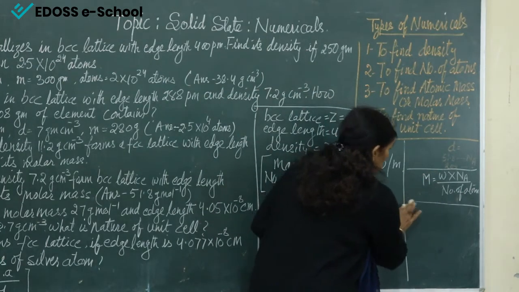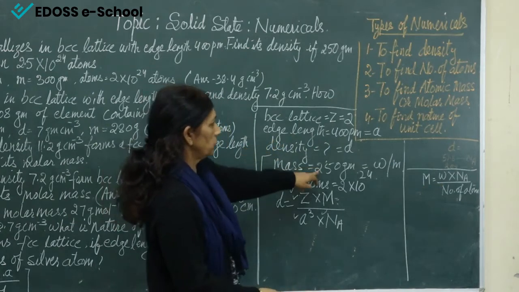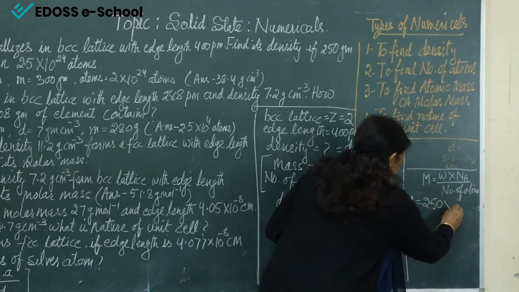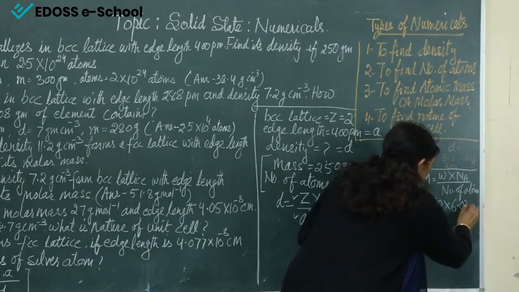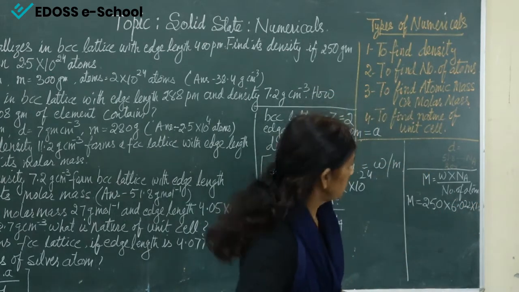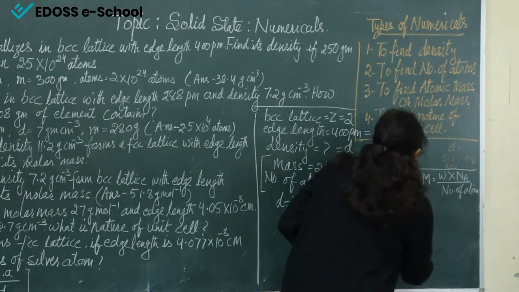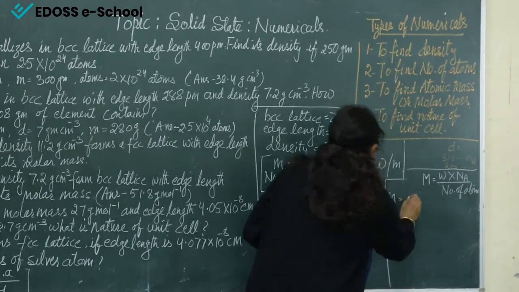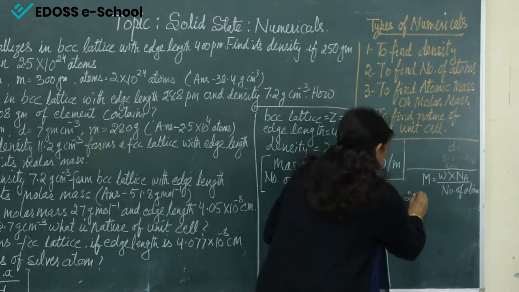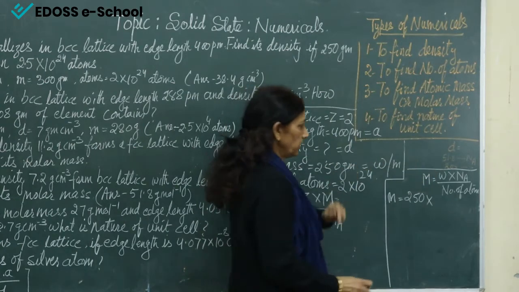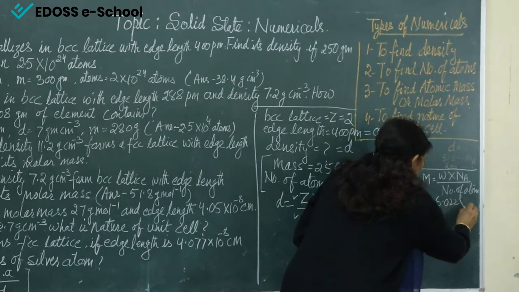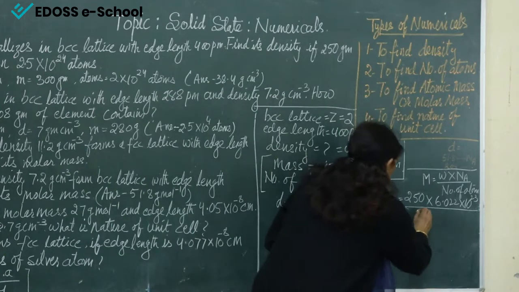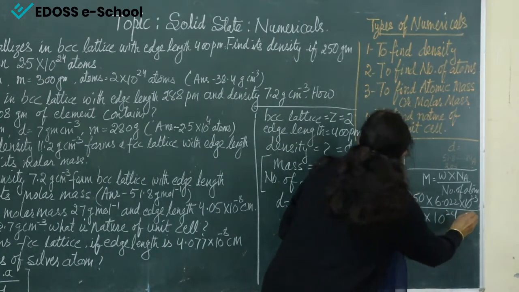Now W is already given to us, this 250. So capital M is equal to W, 250, into Avogadro number, which is 6.022 into 10 raised to power 23, upon the number of atoms, which is already given here, 2 into 10 raised to power 24.